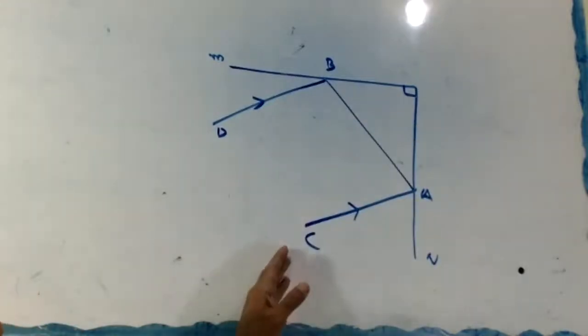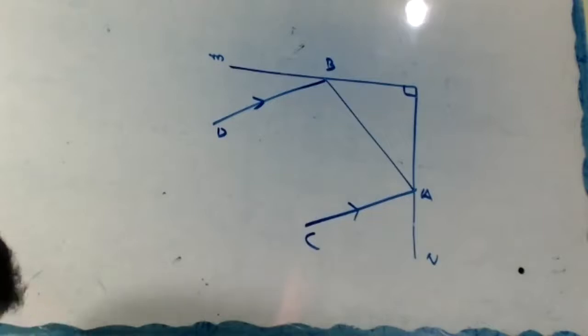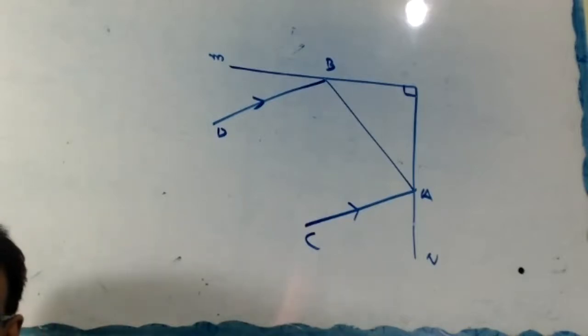Show that CA is parallel to BD. Can you try it? Because we did one similar question. Anyone remember? That was with parallel mirrors. So now here perpendicular mirrors. Okay, try now this one.